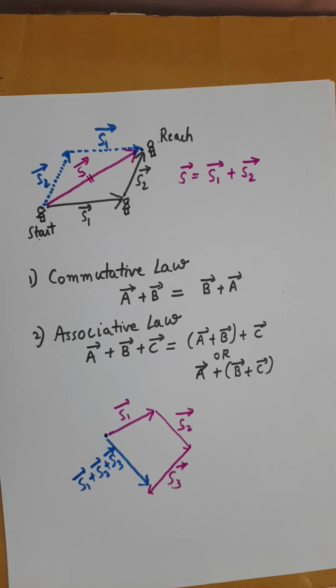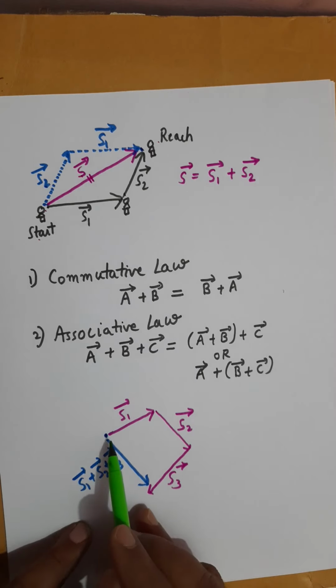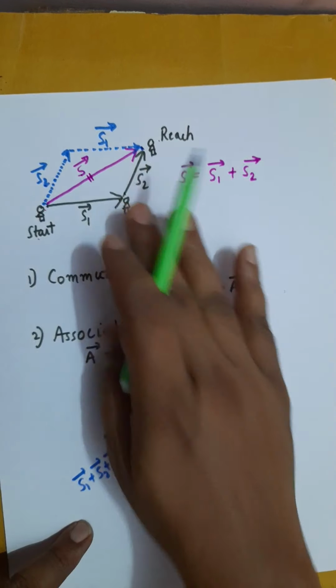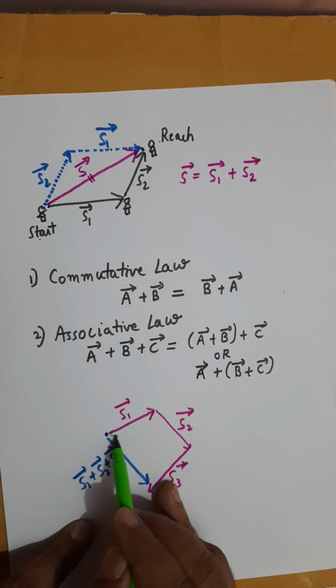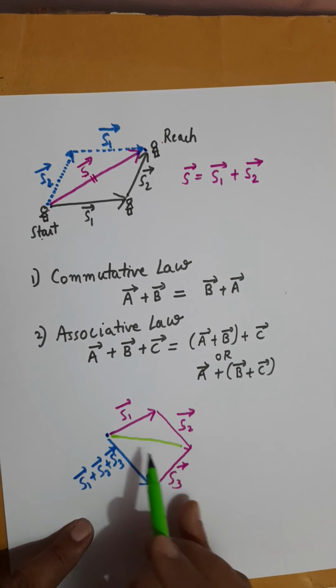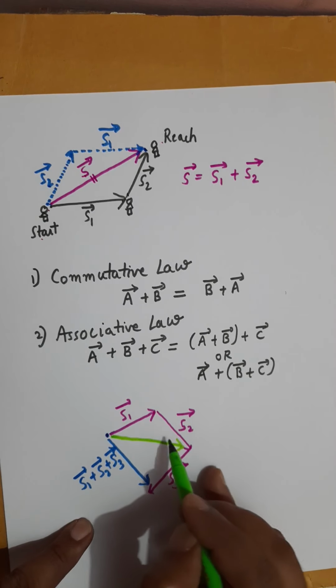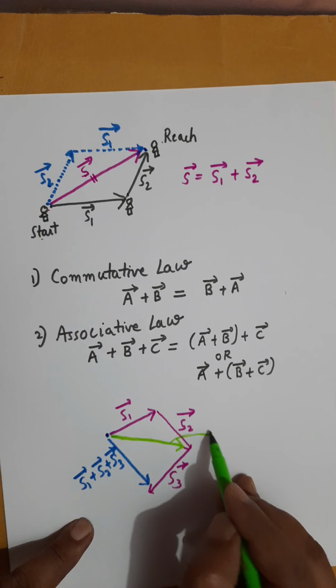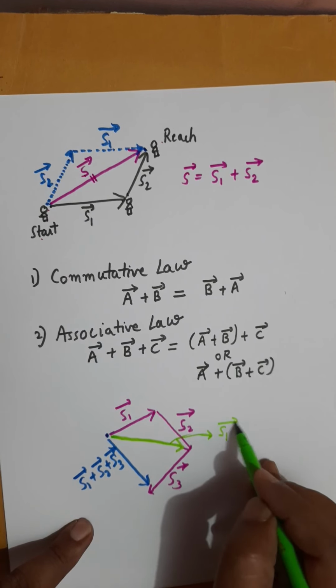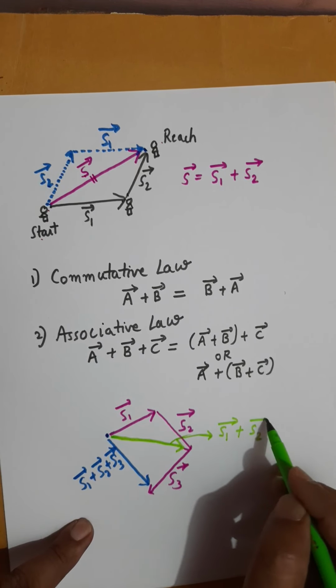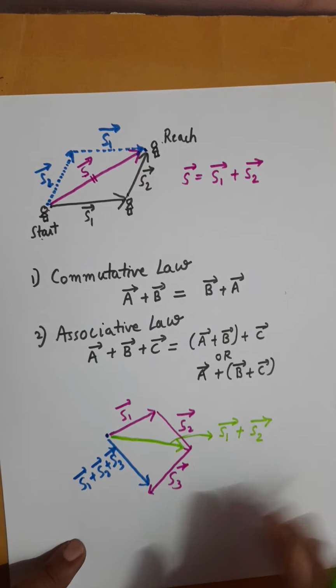Now, the associative law. What is the associative law? From this theory, this vector can be written as vector S1 plus vector S2. So I am writing outside that this vector is S1 plus S2. This one.